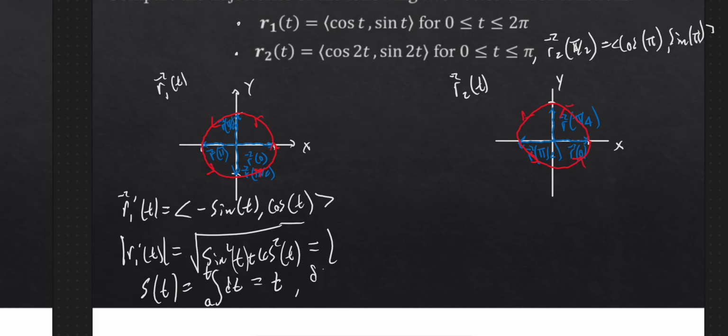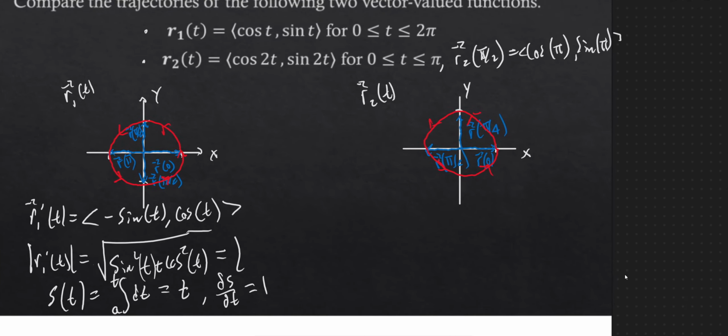If I differentiate s with respect to t, I get 1, which matches up with what I showed before. It should be exactly my speed. So this is a nice thing that's happening. This has a really nice property that its parameter t is exactly its arc length. That's really nice because that means it's traveling at this constant speed of 1 around the curve.